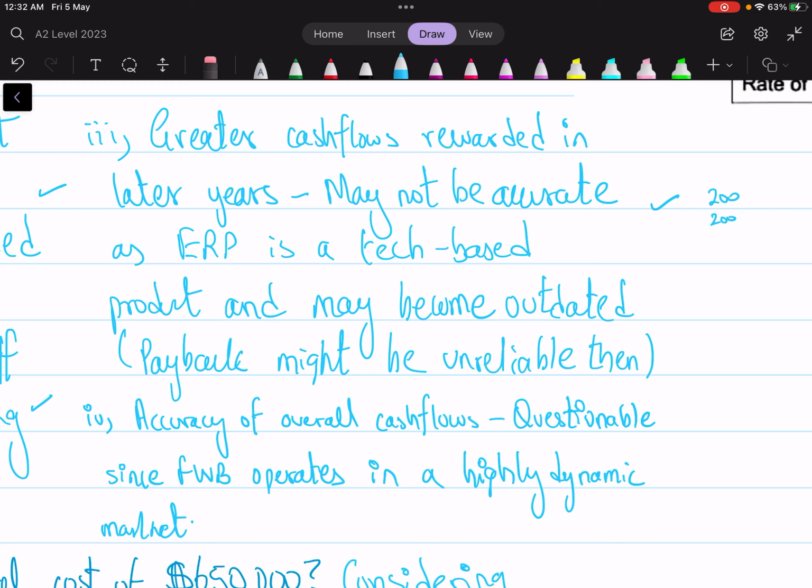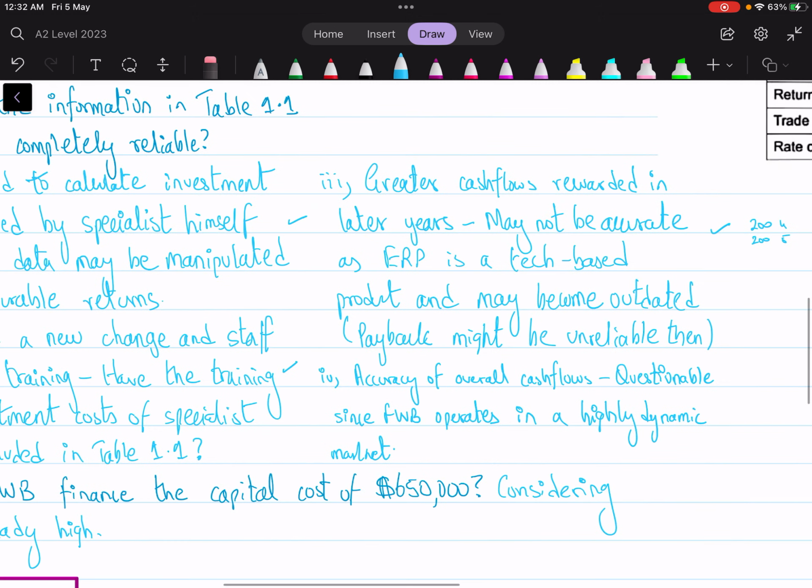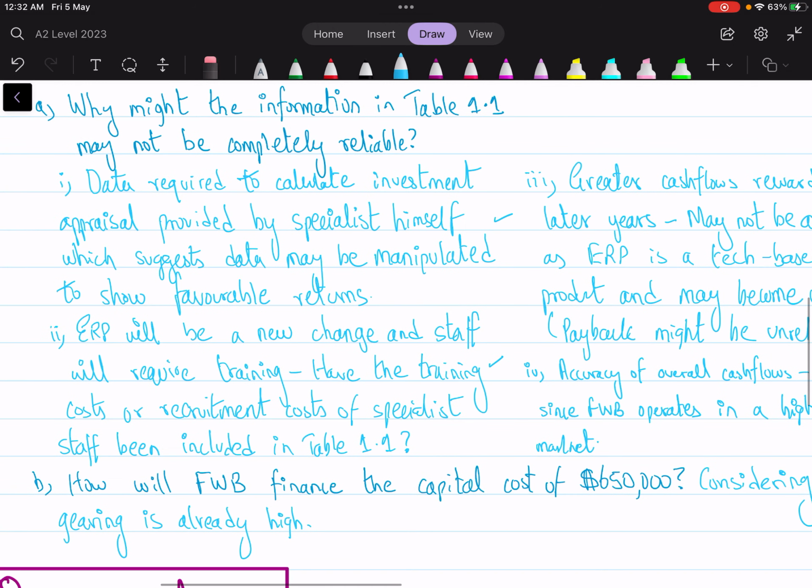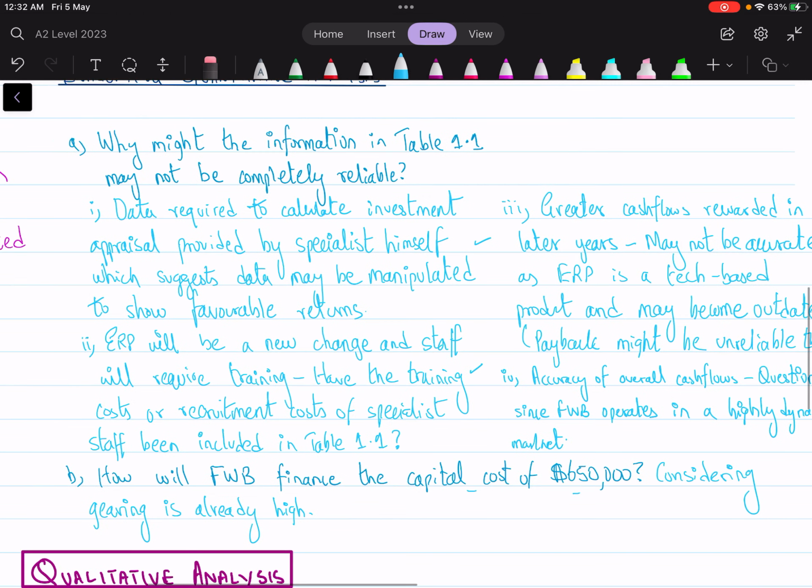The highest cash flows are recorded in year 4 and year 5. Considering it's a dynamic market, these may not be true. And then you can also talk about financing the capital cost, considering the gearing is already high. So pick evaluative comments. Minimum 2 would be enough, but I would suggest if you were to evaluate in detail as well, you can perhaps do lesser evaluation in the qualitative analysis.